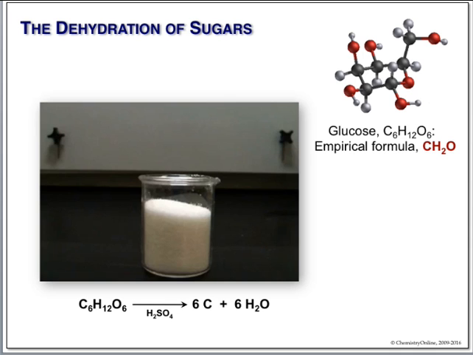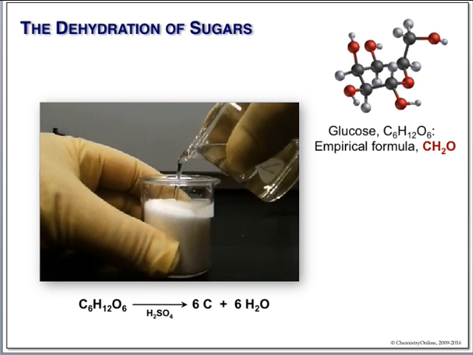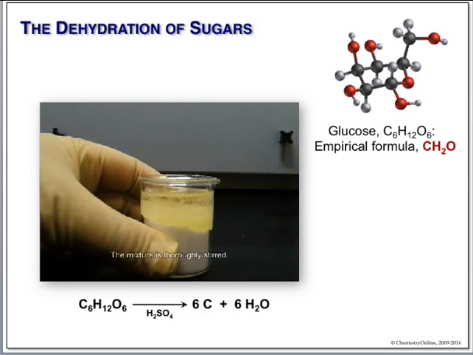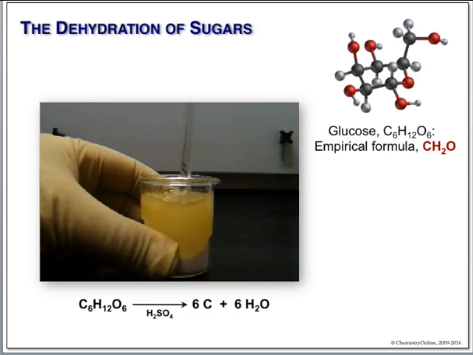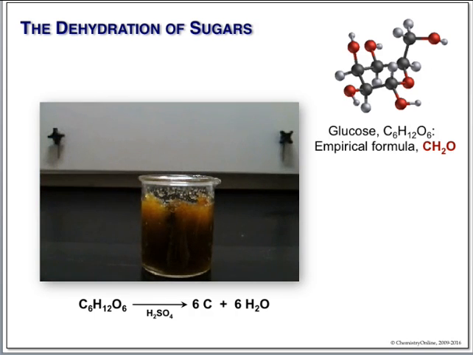In lab, they had powdered sugar, which was a very bad choice. Granulated sugar works much better. So here's a movie with granulated sugar. Same thing though. We're going to add our sulfuric acid. Stir it up a little bit. Slowly, slowly it starts to turn black and ugly and get hot.